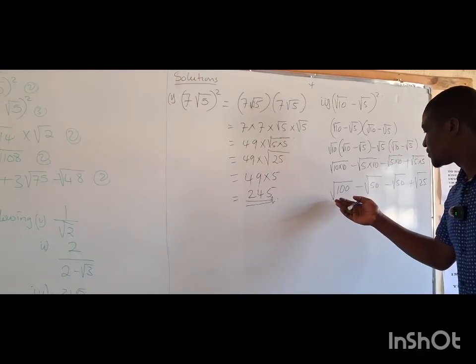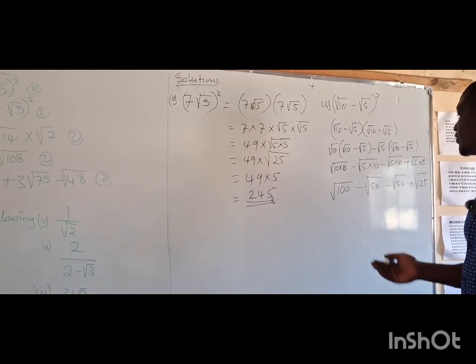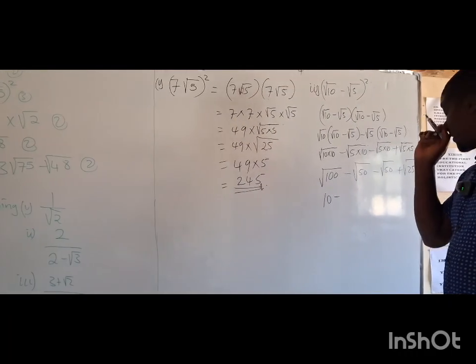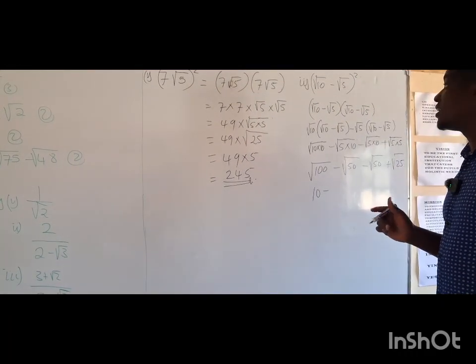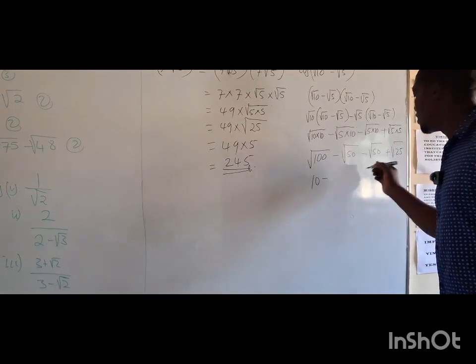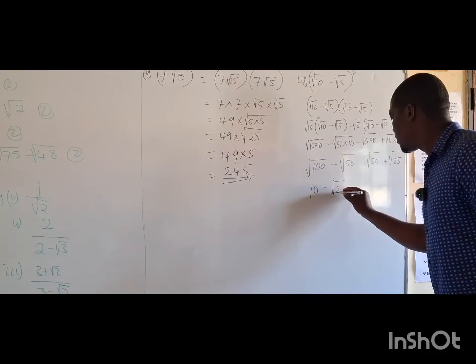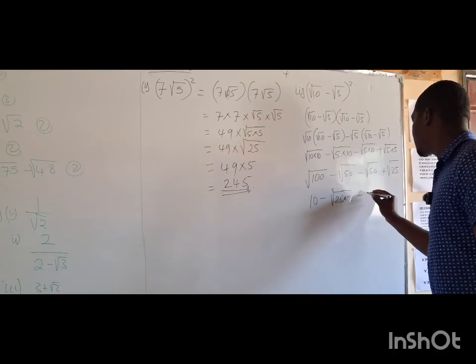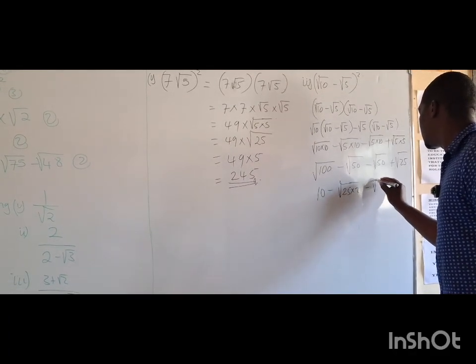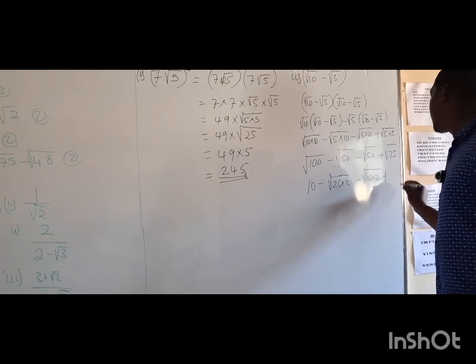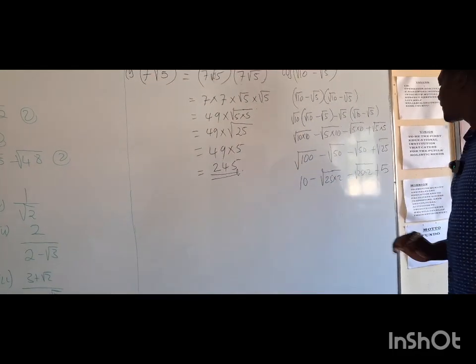So we are saying root 100, you get 10, minus root 50. Root 50, we know that you can get 25 times 2 under this same root. Minus root of 25 times 2, and then the square root of 25 is 5.